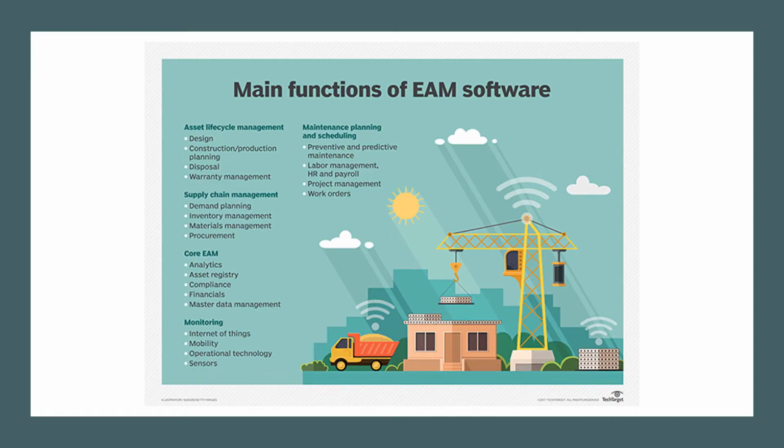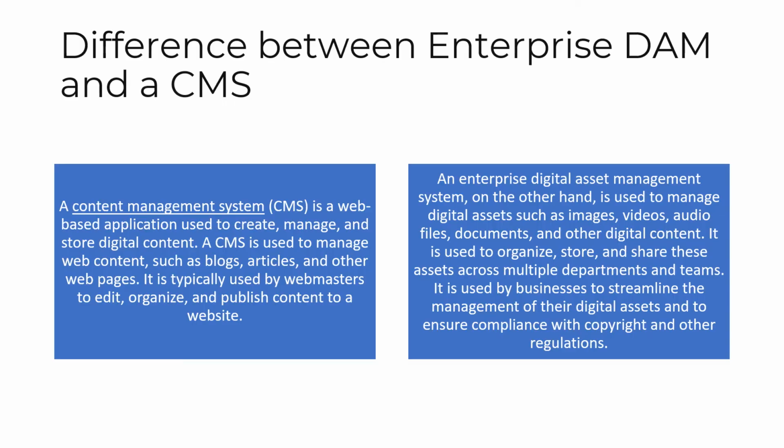They keep all the data. It helps in monitoring. Dia ada Internet of Things, the mobility, the operational sensor dan sebagainya. And of course, it has maintenance planning and scheduling. Dia sentiasa being updated dan sebagainya.